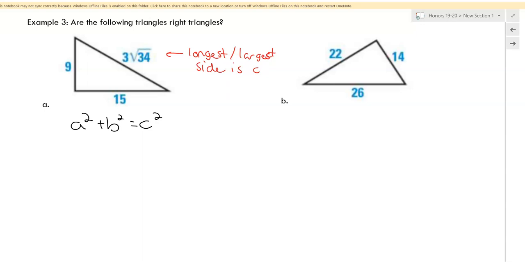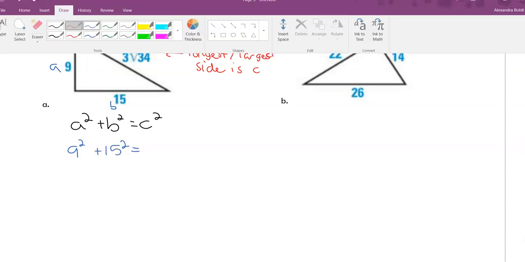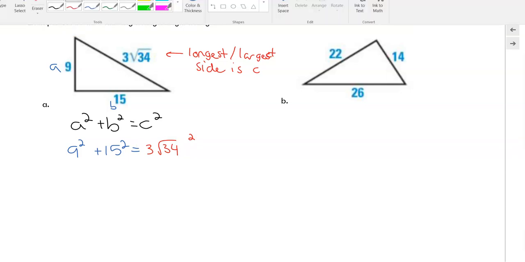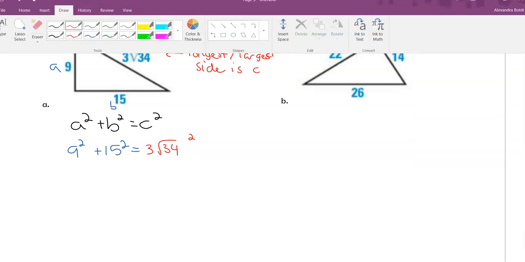And 3 square root 34 is my largest number here. So that's c, which means this is a and b. So I have 9 squared plus 15 squared equals 3 square root 34 squared. That looks odd, but we will do that.